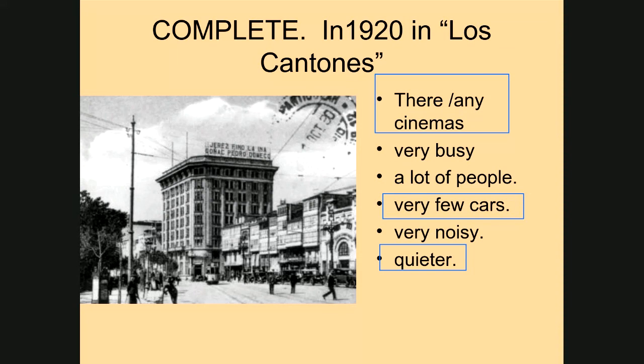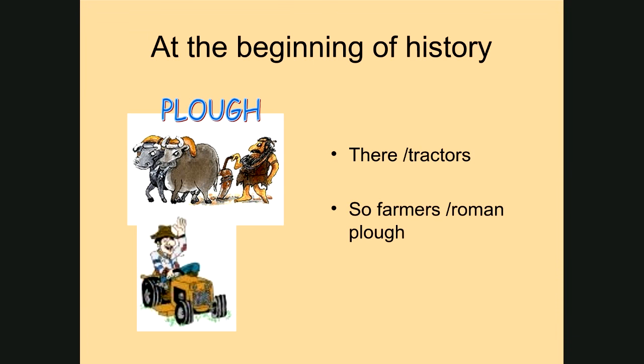Okay. Let's see two other examples to finish. At the beginning of the story, there didn't used to be tractors. I'm going to write it down. There didn't used to be tractors. So farmers used the Roman plow. So we used to have the Roman plow in the past.